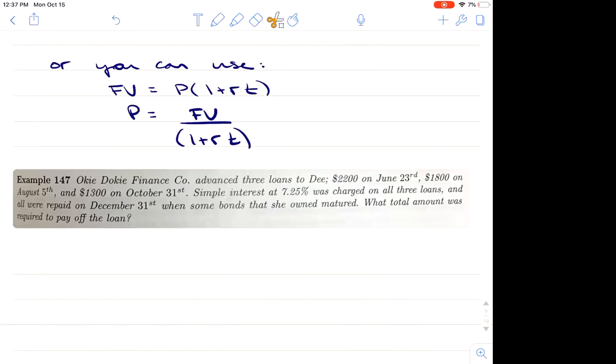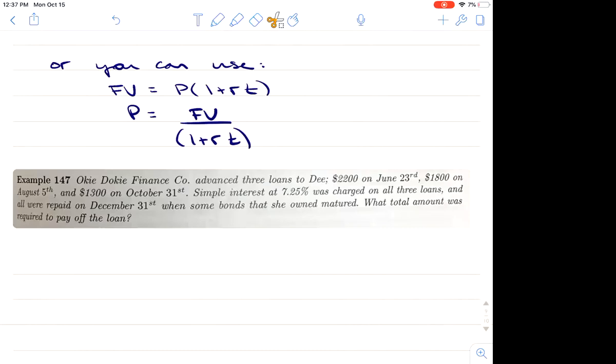So Okie Dokie Finance Company advanced 3 loans to D. So $2,200 on June 23rd, $1,800 on August 5th, and $1,300 on October 31st. Simple interest at 7.25% was charged on all 3 loans, so the same interest rate. Later on, they're not necessarily the same interest rate even.